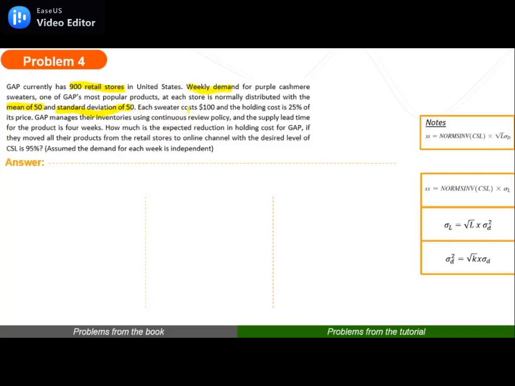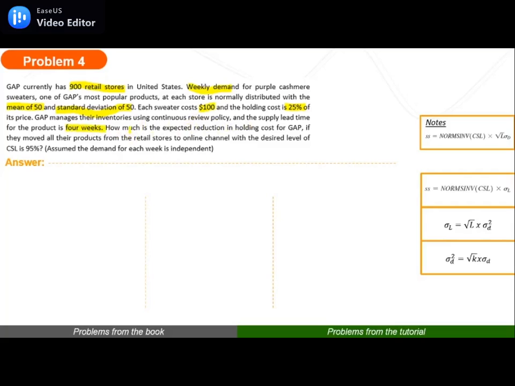Each sweater costs $100 and the holding cost is 25% of its price. So GAP manages their inventories using continuous review policy, and the supply lead time for the product is 4 weeks.